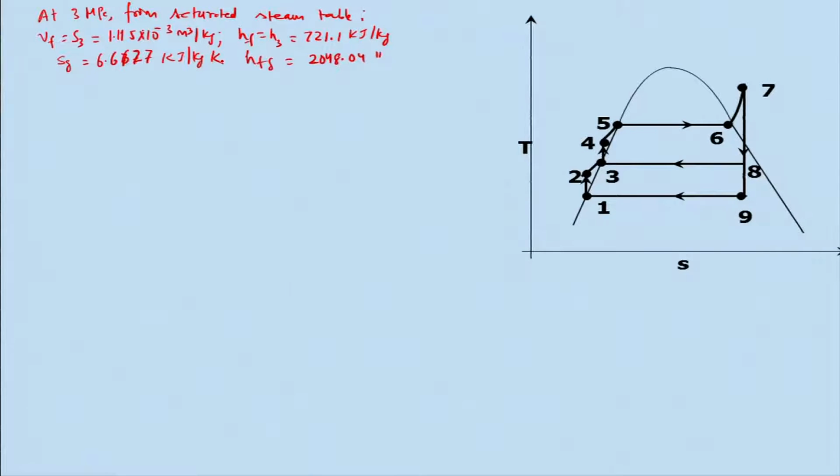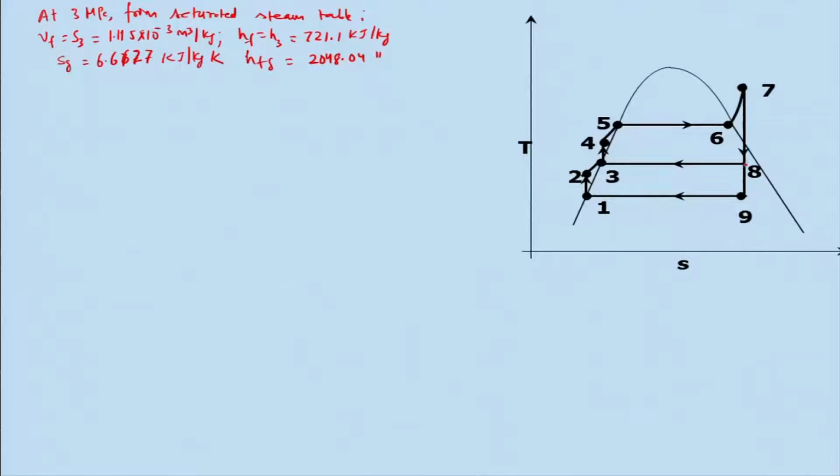So, if you look, we have got all the data points. Is something missing? If it is missing, you can get it from the saturated steam table or the superheated steam table. Now, we need to find out the X8.